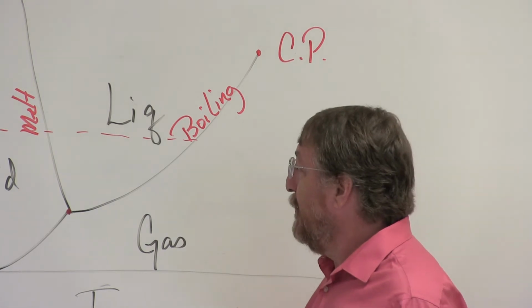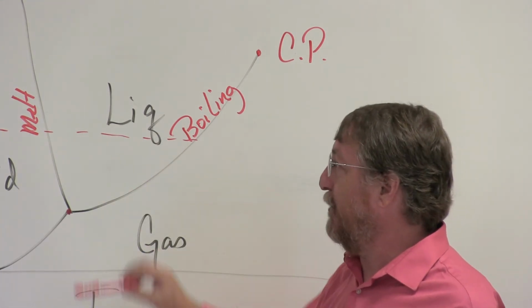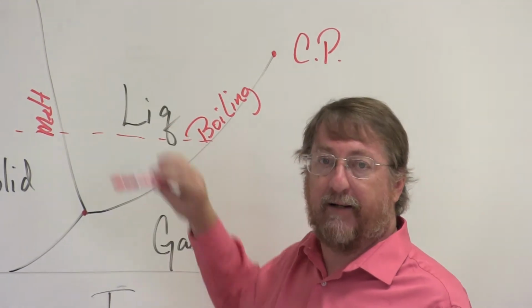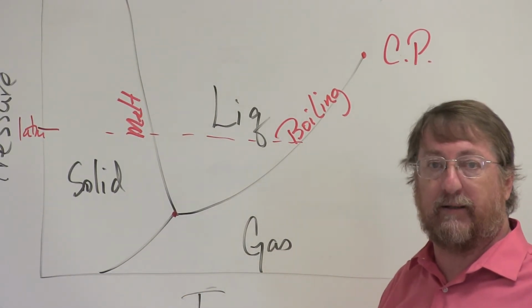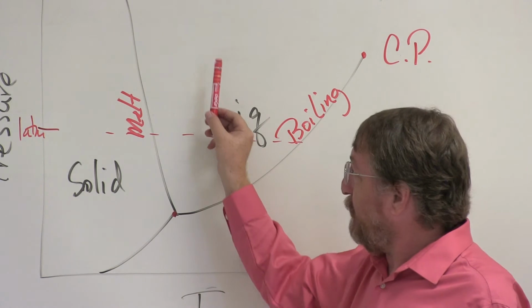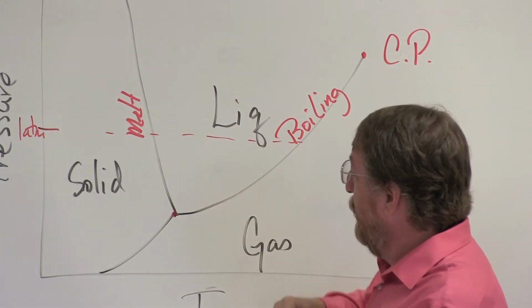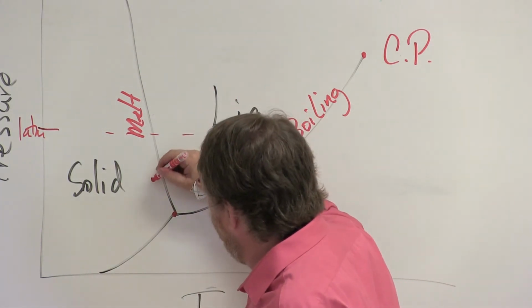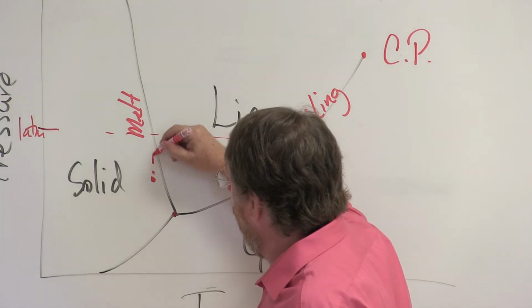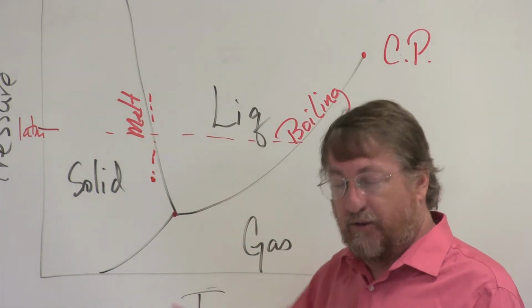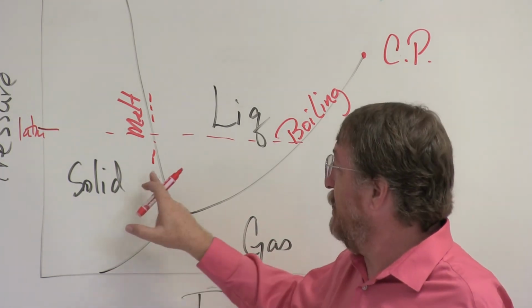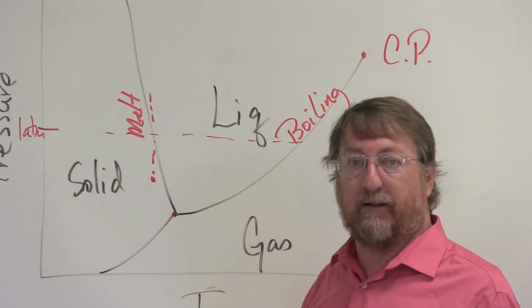All right? The final point to make on the phase diagram is the lean of this line. The lean of that line will tell us relative densities. Okay? So if it leans over in this way, then we know if we're sitting at this point here and we increase the pressure, we're literally going to melt the substance. So if we pressurize the solid, we move into the liquid phase.